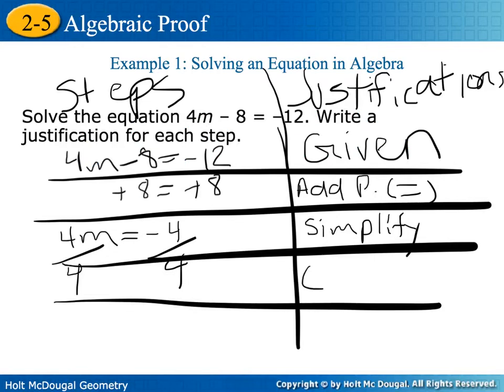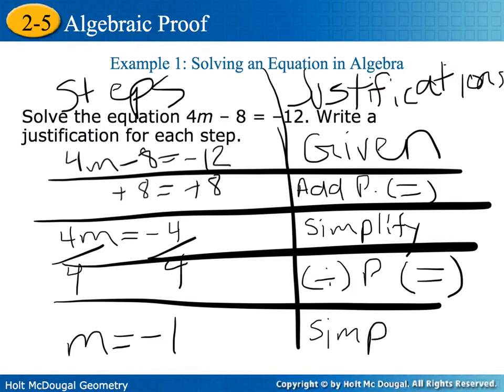That's called the division property of equality. Divided by 4 on the left side, divide by 4 on the right side. Nothing changes, so it's all cool. m equals -1, and the reason for this is simplify. So if you're able to follow along with that, you just did your first two-column proof of geometry.